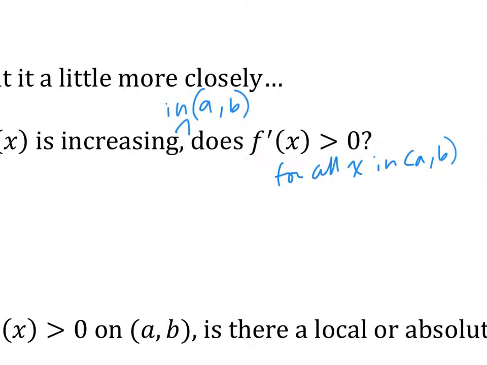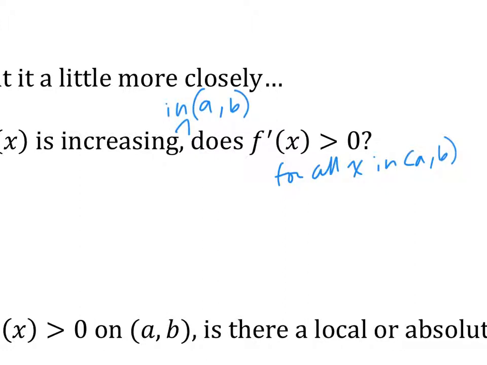Okay, if f of x is increasing, it looks like it's increasing all the time. Does that mean the derivative is always positive? No. Not always positive, it's just increasing. Right, so if the graph looks like it's always increasing, does the derivative have to be positive? No, not at all.